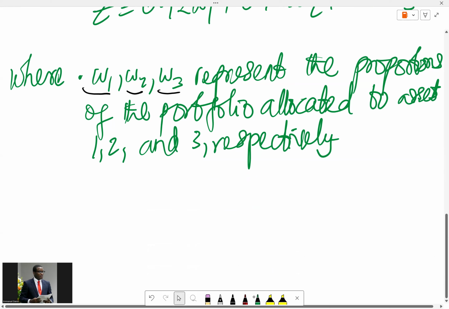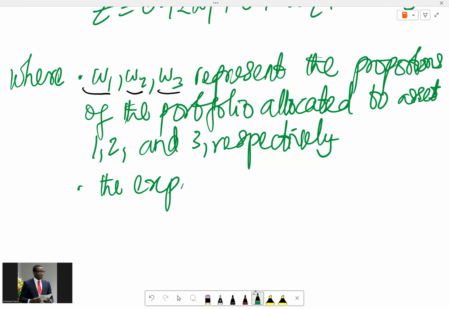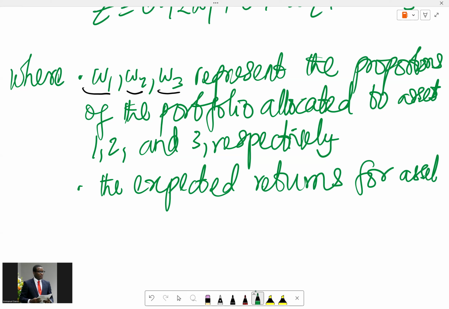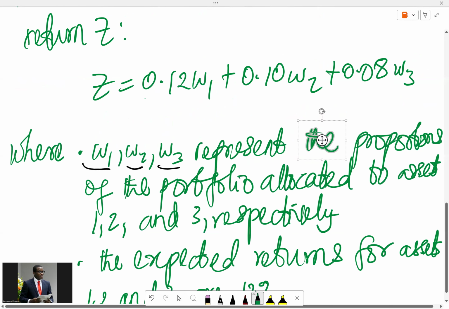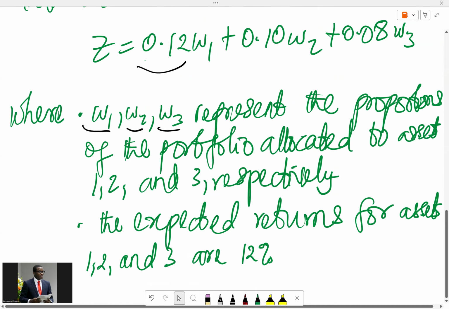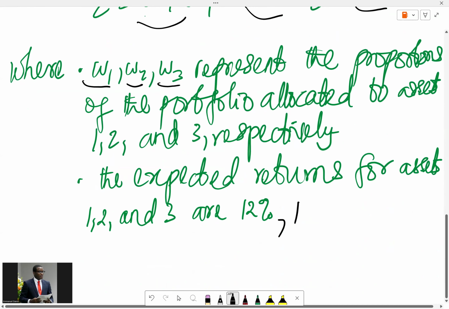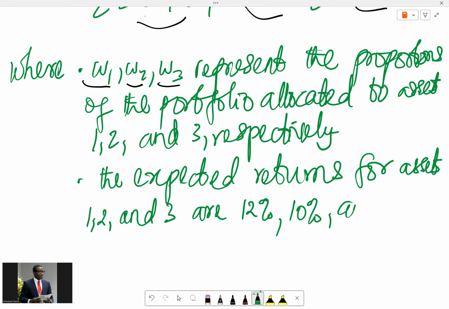We also have the expected returns for assets one, two, and three: 12%, 10%, and 8% respectively. You can see that 0.12 is 12%. That's what we can see from the objective function.